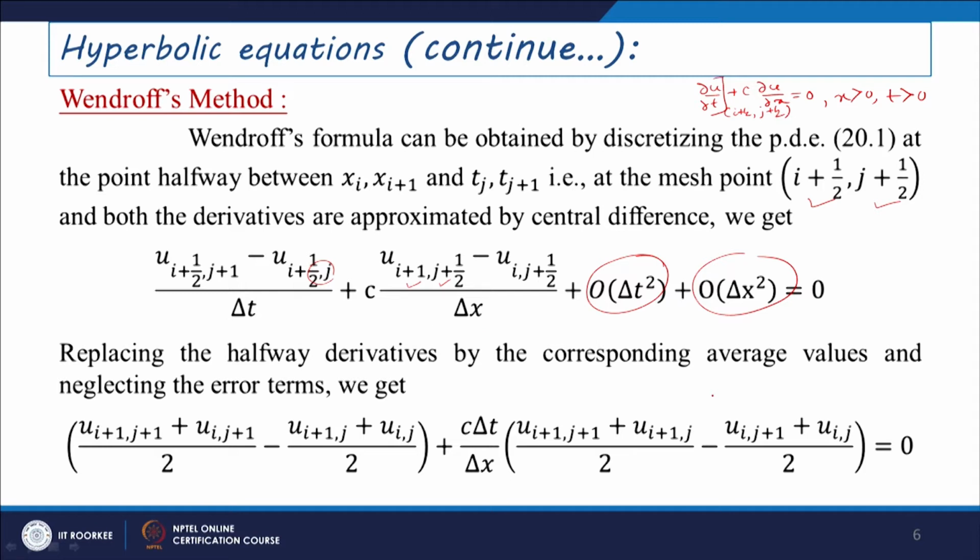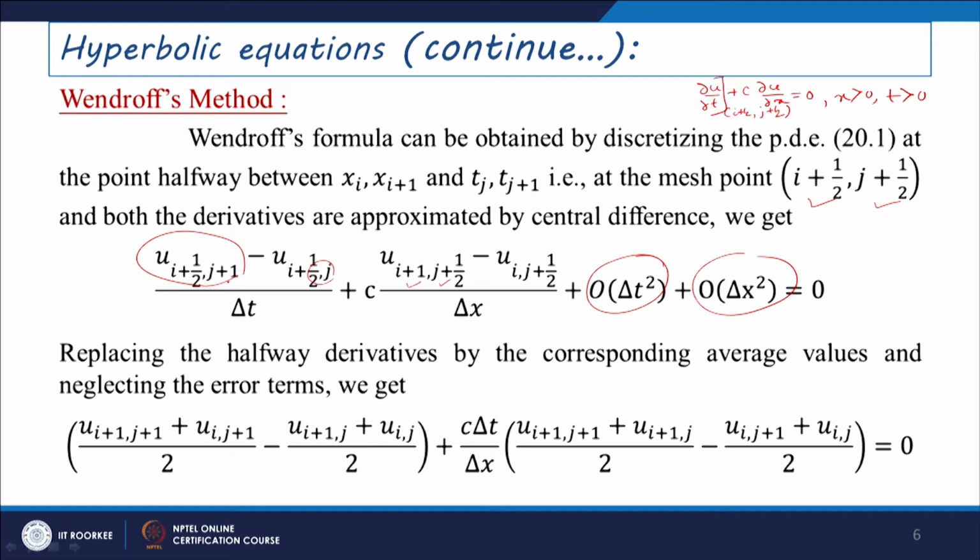So, if we replace these halfway derivatives by the corresponding average values and neglect the error terms, we can write this as follows. Since we have this point in the form of u i plus half, j plus 1, and at the i plus half point we do not know the exact value of u there itself, we have to take the average of the i plus 1 point and the i point.